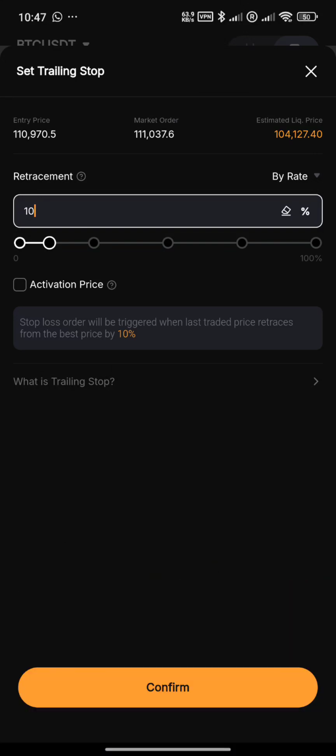As the price keeps moving in profit, your stop loss keeps shifting upward, keeping a 10% gap from the current price. If the price drops more than 10%, it stops you out. The gap between your current price and your stop loss will always be 10%.